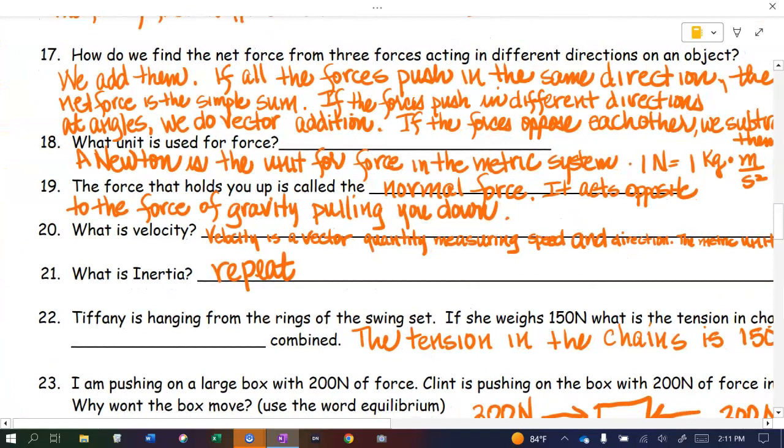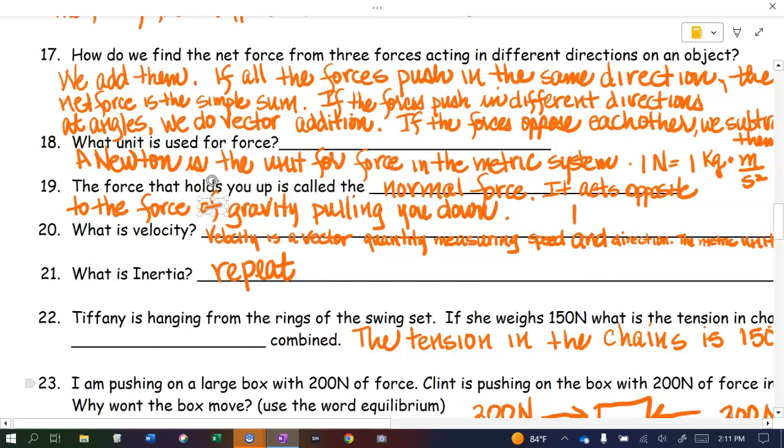What unit is used for force? Well, we've already said it's a Newton. And a Newton means a kilogram times a meter divided by seconds per second. That's its definition, and it's named after Isaac Newton. The force that holds you up is called the normal force. It acts opposite to the force of gravity pulling you down.